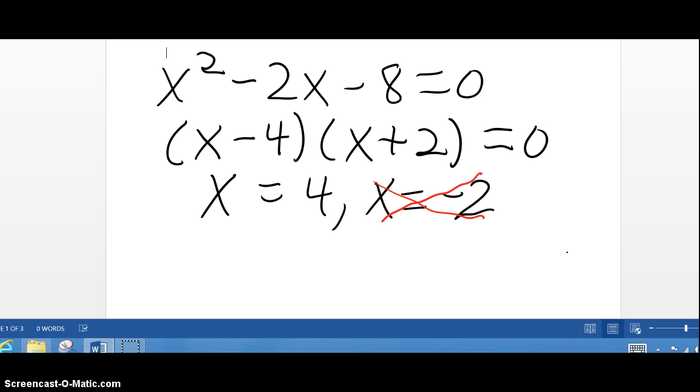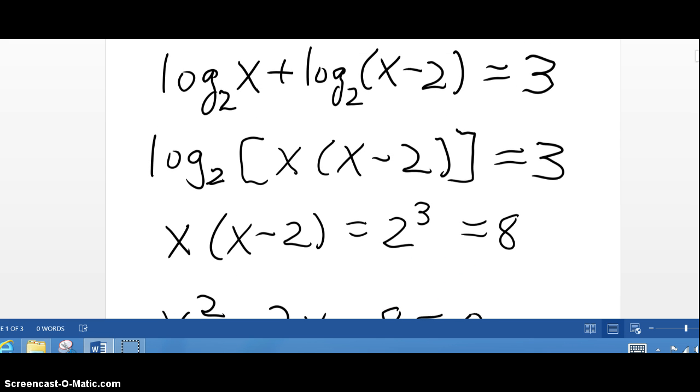But now, not both of these solutions are going to be accepted, because if we go back to the original equation, you cannot take the log of a negative number. You can only take the log of a number bigger than 2. Now, if x is 4, that's fine. Log of 4 is a log of a positive number.